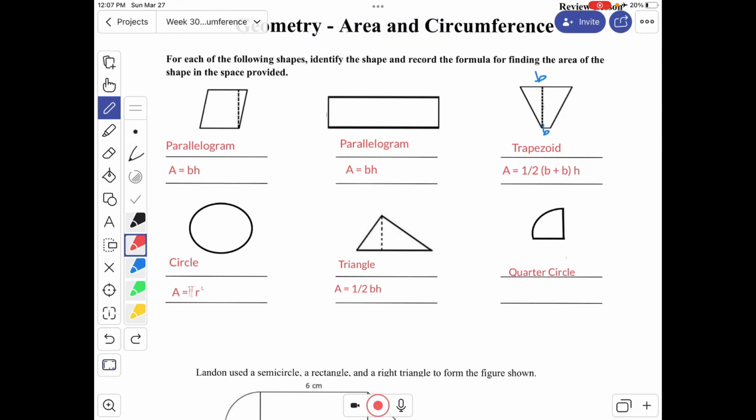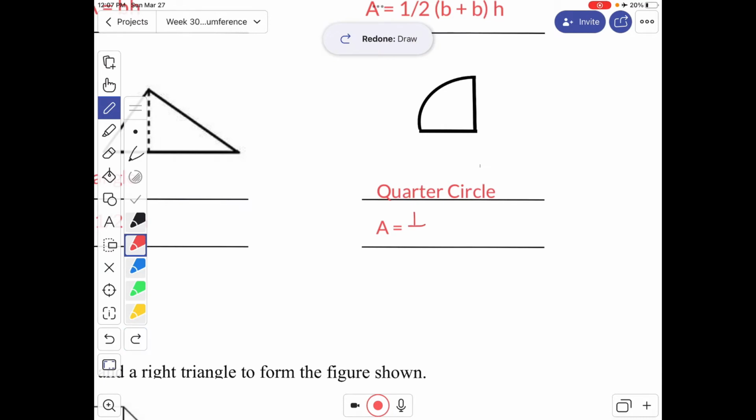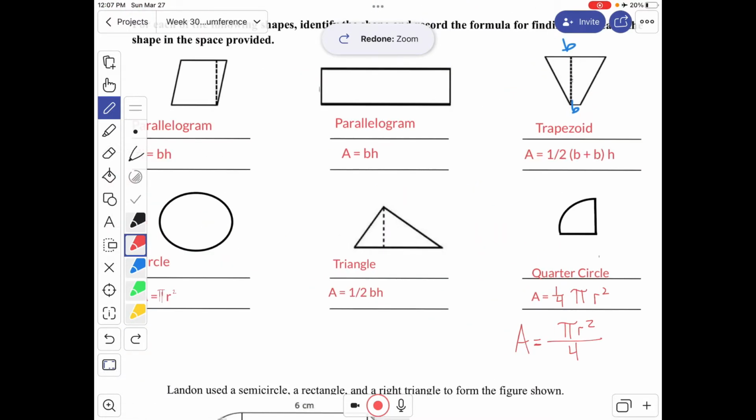So it's going to be the same formula that we used for circle, but we have to multiply times 1/4. So 1/4 times pi times radius squared. Or you could use pi times radius squared divided by 4. Either one of those formulas would find you a quarter circle. That one is not listed on our formula sheet.